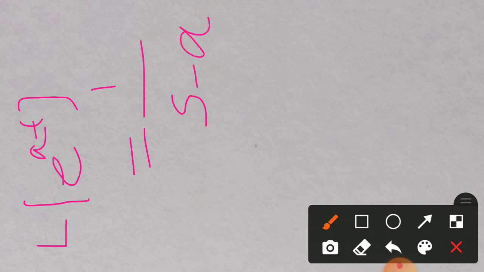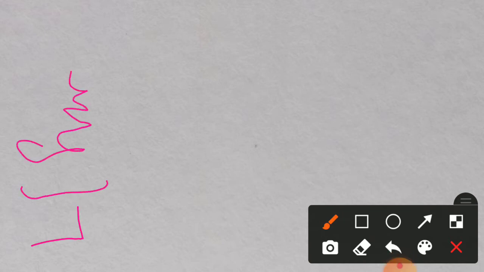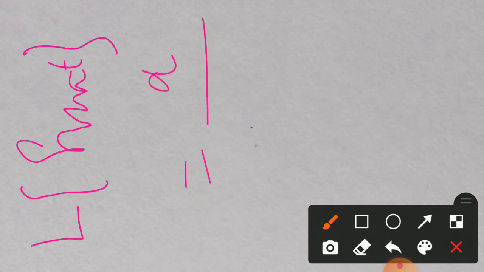Then we calculated Laplace transform of trigonometric functions. We proved Laplace transform of sin at. This was a upon s square plus a square.